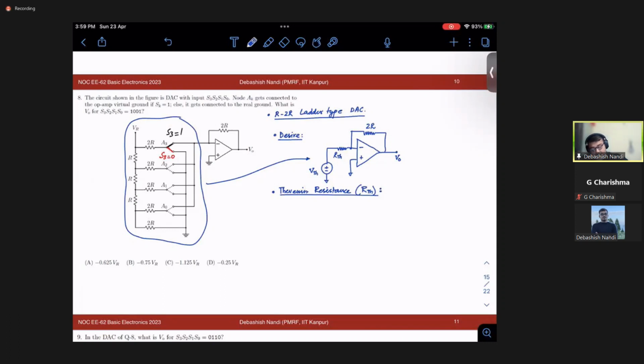The way you find out Thevenin resistance is as follows.